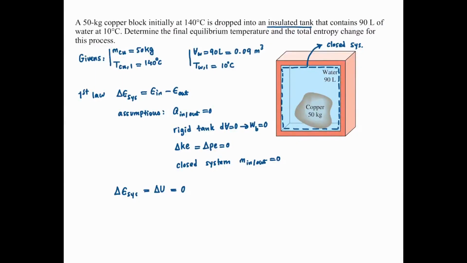And the system consists of two substances, copper and water. So delta U of copper plus delta U of water equals 0.